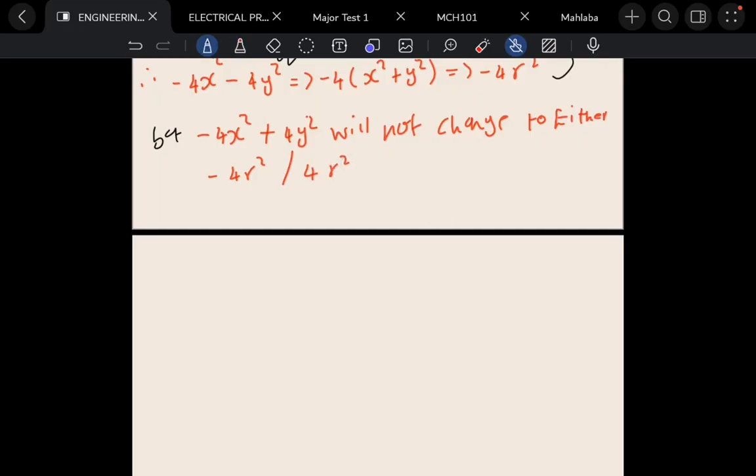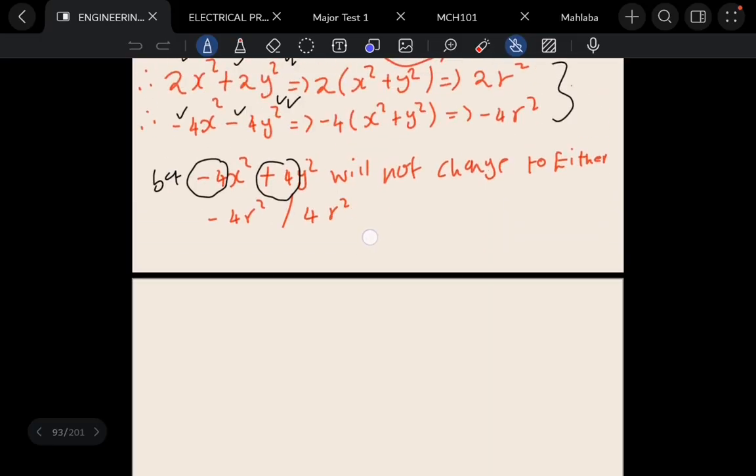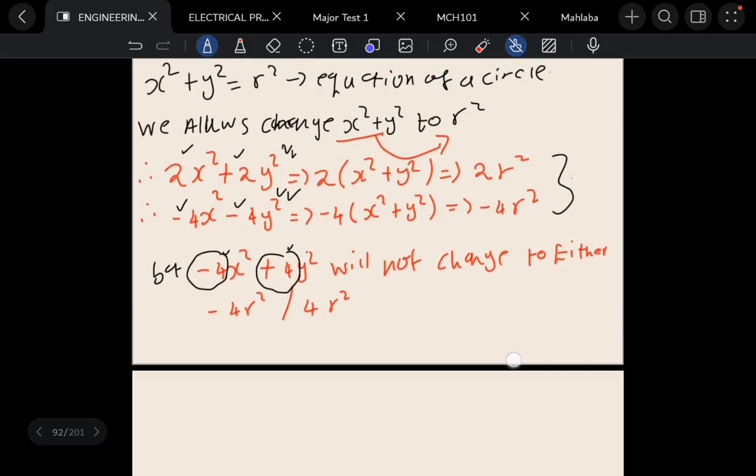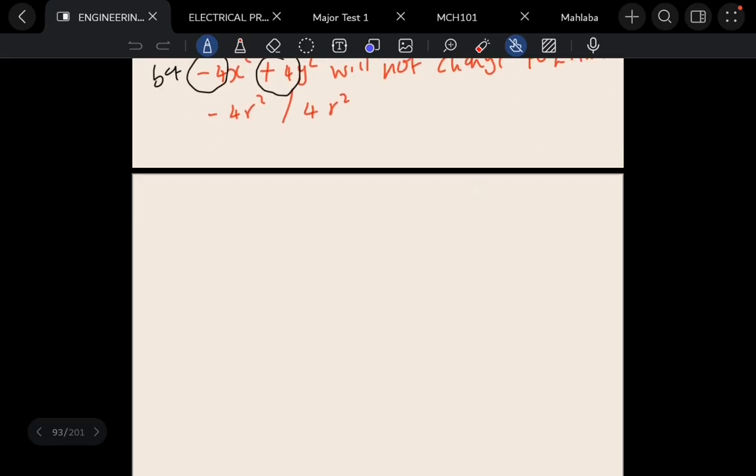The reason is that the sign of this 4 is different from the sign of this 4. They must be the same: negative, negative, positive, positive. If you have a negative and a positive, that does not change. Now you understand that x squared plus y squared equals r squared is the equation of a circle.